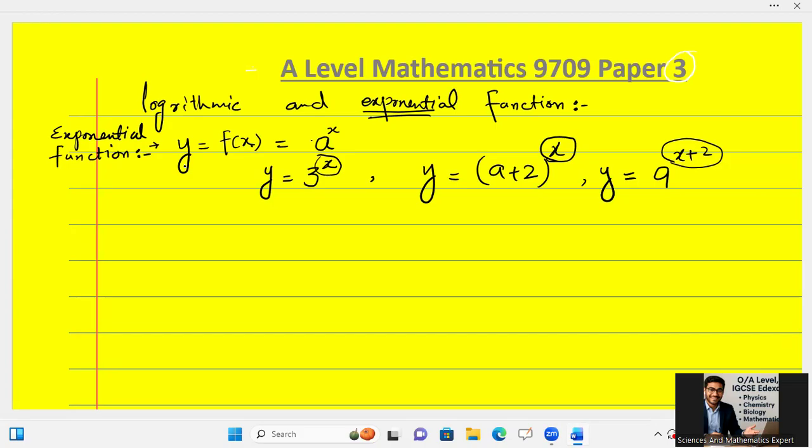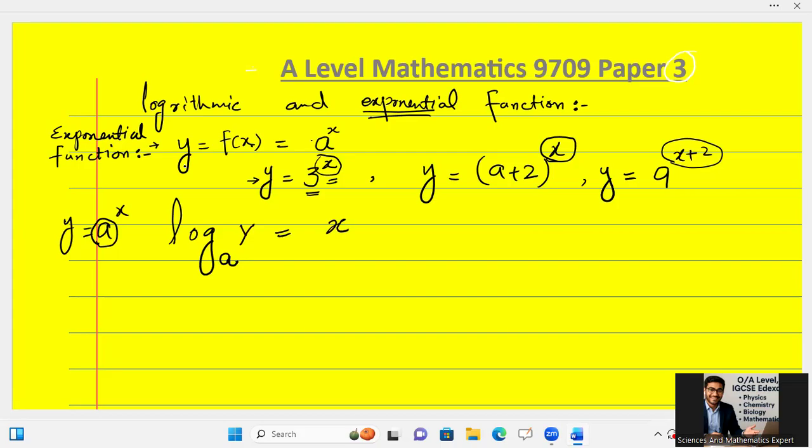In the case of exponential functions, we also have the representation as a logarithmic function. If you look, the base is 3, the power is x, and variable y is present. The logarithmic function for y equal to a power x can be written as log of the base a of y is equal to x.